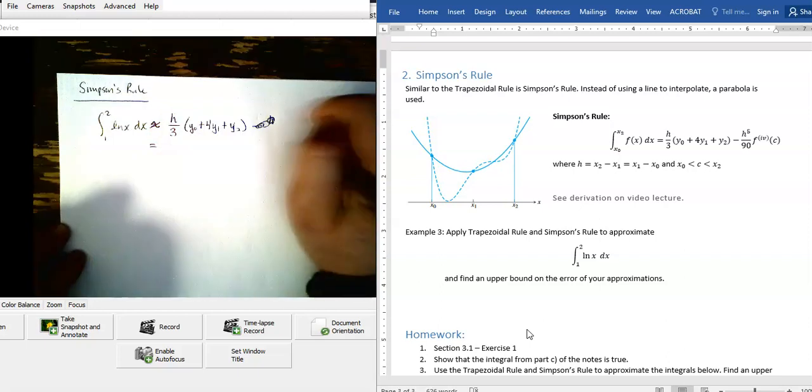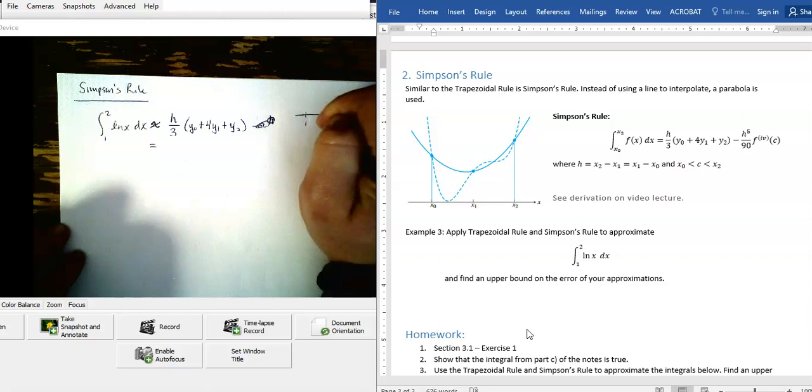Again, we're going 1 to 2, but we must use 3 points, so we have to use 1.5. So h is 0.5 this time.